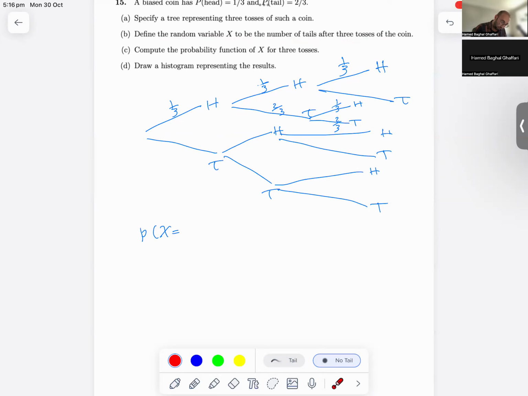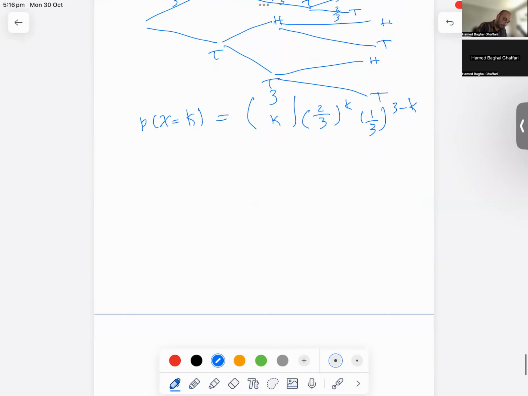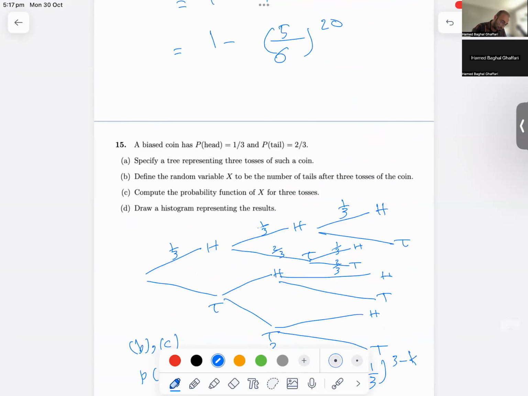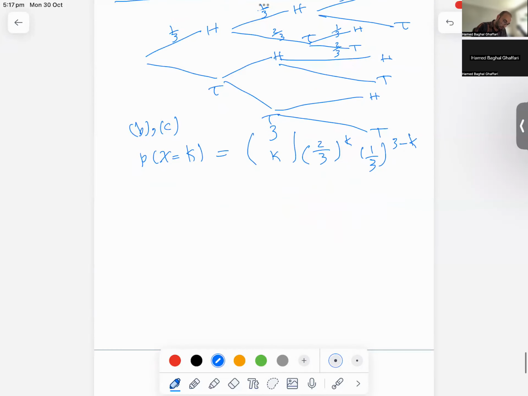So the probability of K equal to, it's again the Bernoulli distribution: 3 choose K, 2 over 3 to the power K, since the coin is biased, times 1 over 3 to the power 3 minus K. Actually this is part B and C. And for part D, I can do C and D as well.